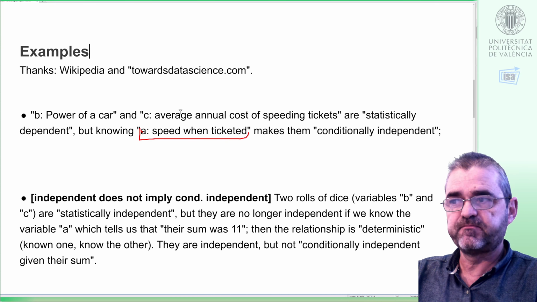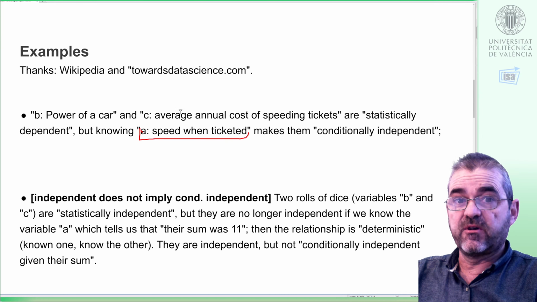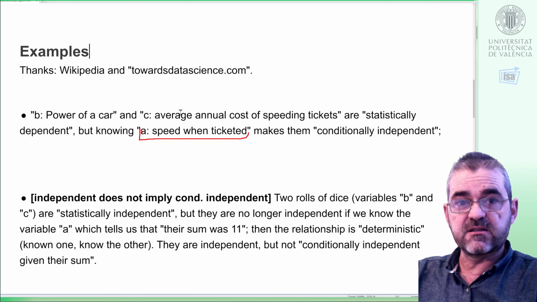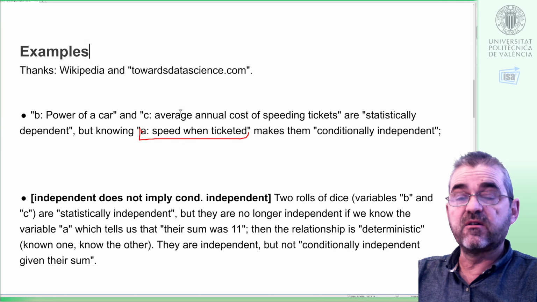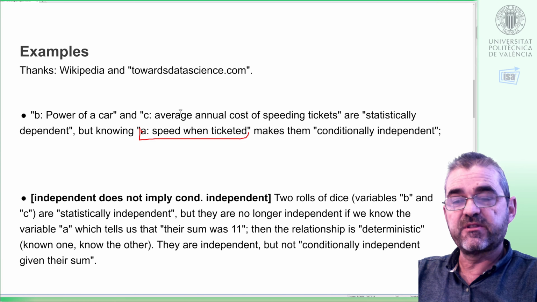Well, let's think. The important concept we realize is that if you are running at 200 kilometers per hour, the fine you get is the same independently of the power of your car. I stress independently because this is the intuitive interpretation of the above formulas, okay?